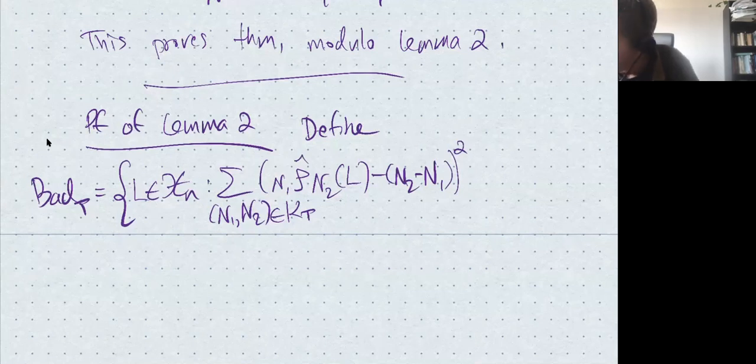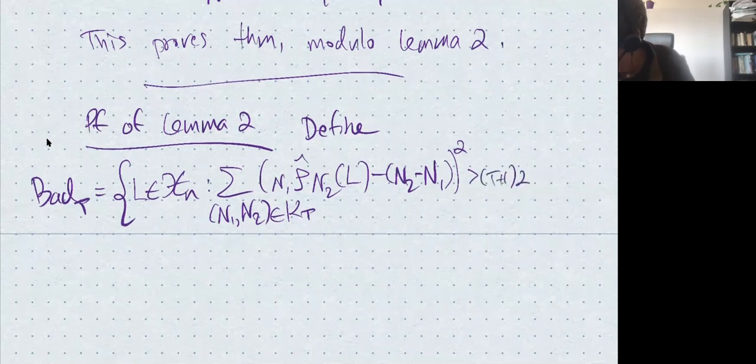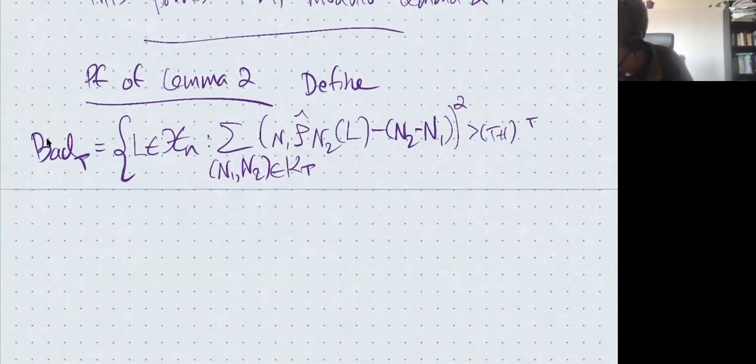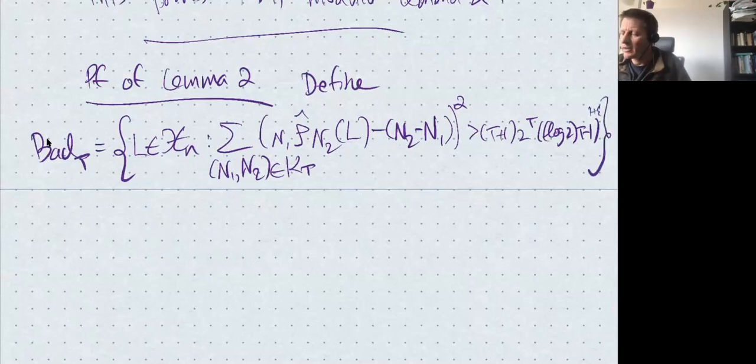So I want this thing to be larger than expected, where the threshold that I care about is this. Okay, so this is my definition of the set T.